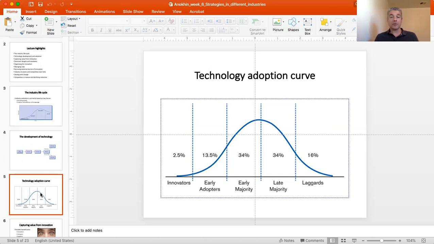So each of these groups of adopters has different motivations. They have unique characteristics depending on where the product is on this life cycle, on this adoption curve. You should emphasize certain features. You would try to reach out to these customers in unique ways, right? So for laggards, think about your grandma adopting a smartphone.